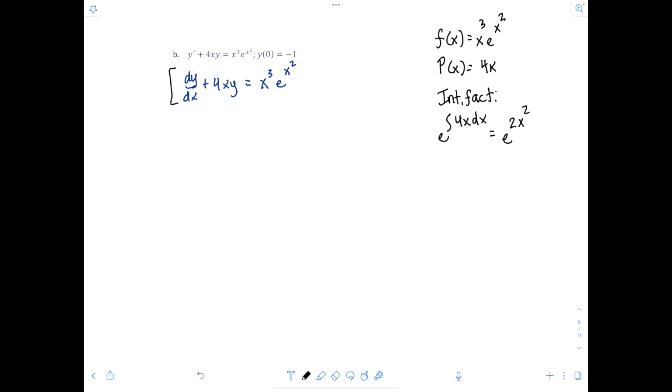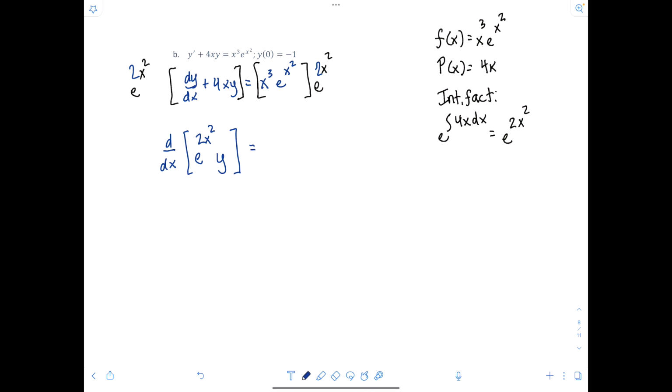All right, so here we go. We need to multiply both sides by our integrating factor, which is e to the 2x squared. And that will give us d dx of e to the 2x squared times y.